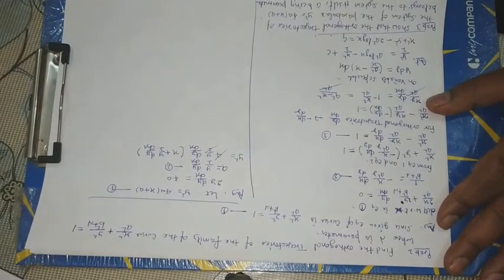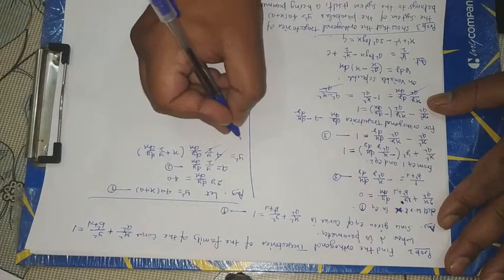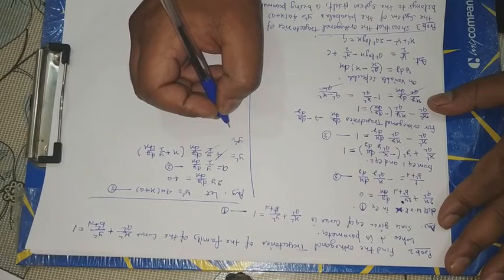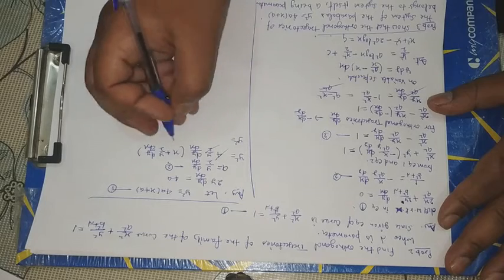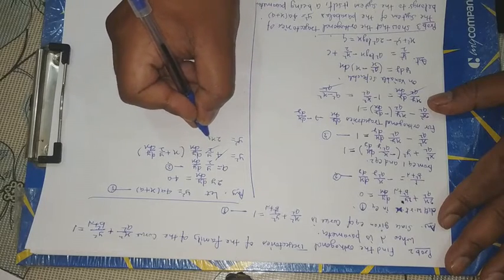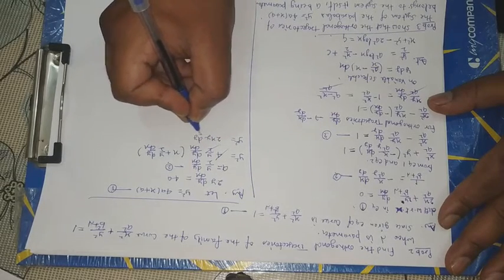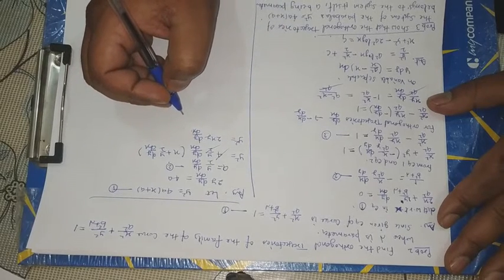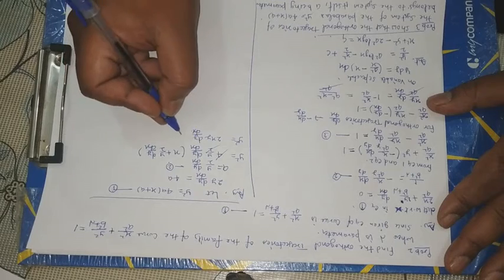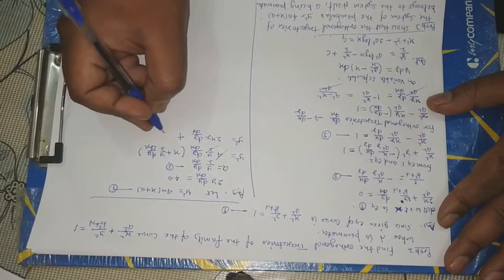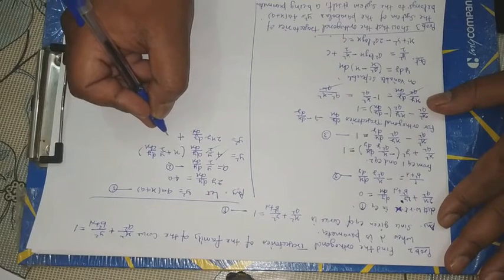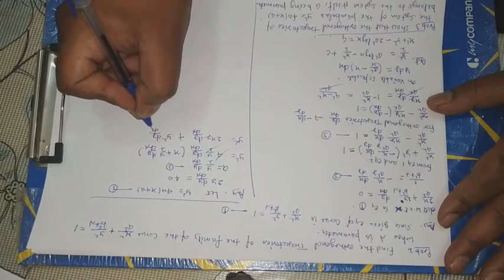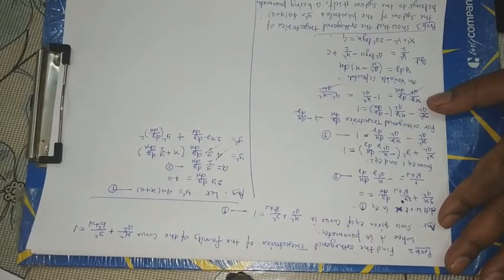This is cancelled by this, that is, y square is 2xy dy dx plus y square dy dx whole square.